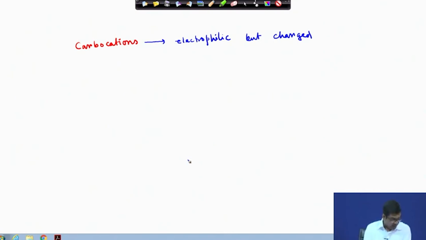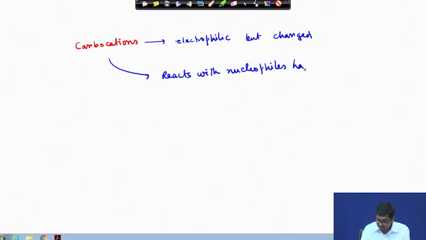So, these carbocations react with nucleophiles having high charge density.